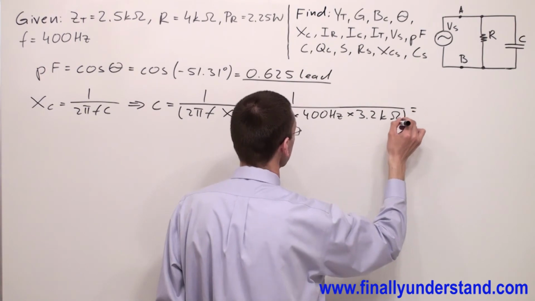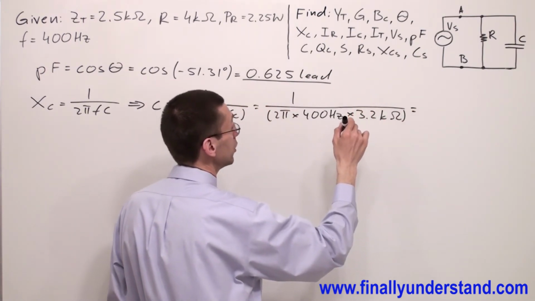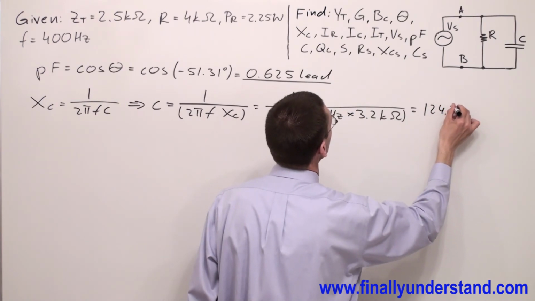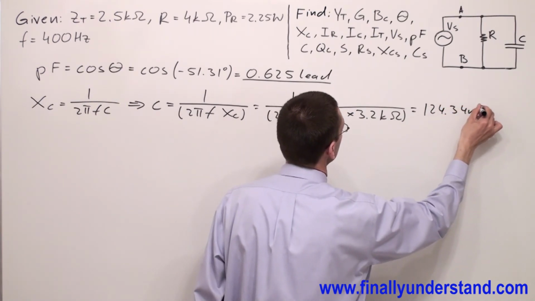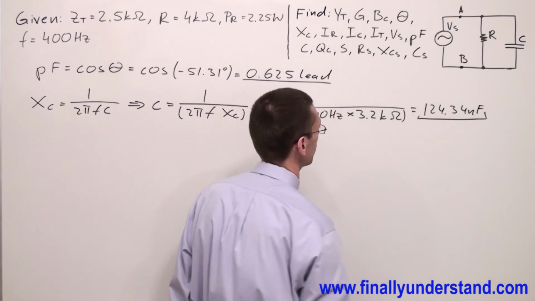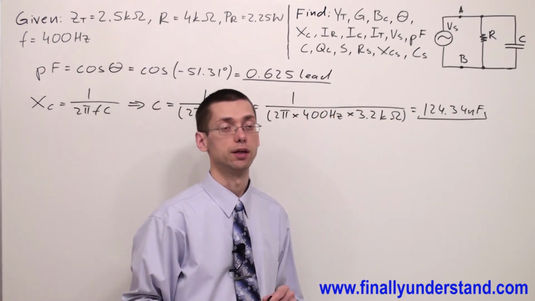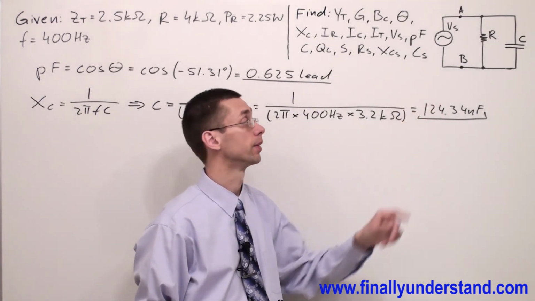So the capacitance in my parallel circuit is equal to 124.34 nanofarads. Okay, so this is the value of the capacitance in the parallel circuit.